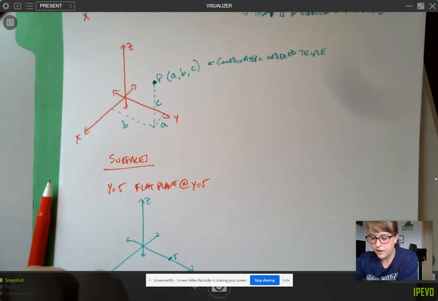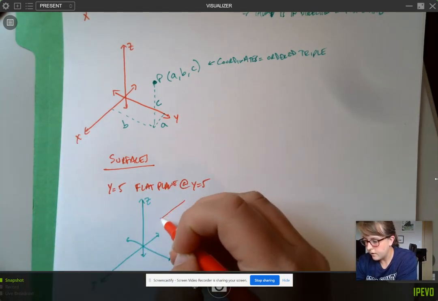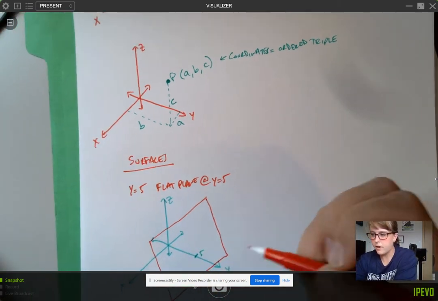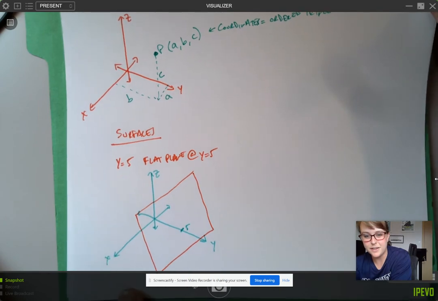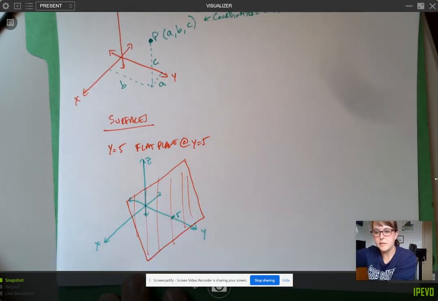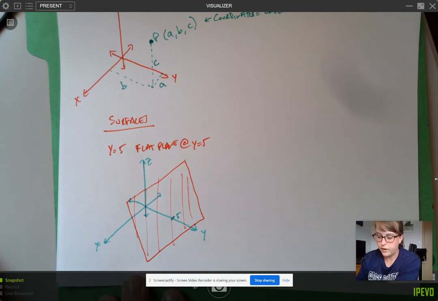And then it would be represented by a plane at y equals 5. It's kind of hard to draw in 3 dimensions, as you can tell. But this plane would extend forever, being like a flat wall right at y equals 5. Okay, so anything x equals, y equals, or z equals are all going to be planes in R3.